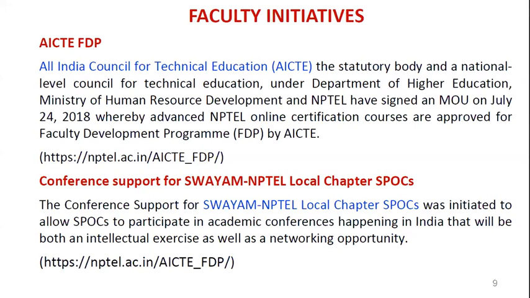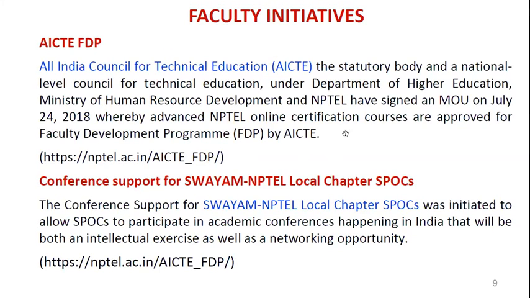Whenever you register for a particular course, you can go to the course page, and at the bottom of that course, they mention AICTE approved FDP. As a faculty, if you are enrolling, you can choose a course which is approved by AICTE FDP. Then only you will get the FDP certificate. If it is not approved by AICTE FDP, it is a normal NPTEL certification only that you will get, but that is not an FDP certificate.